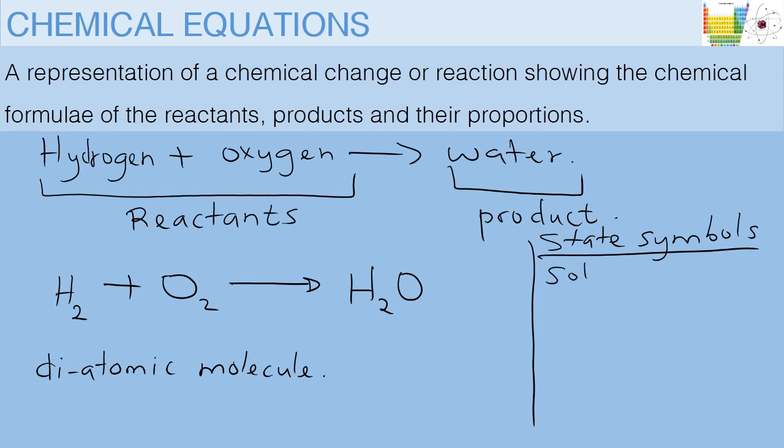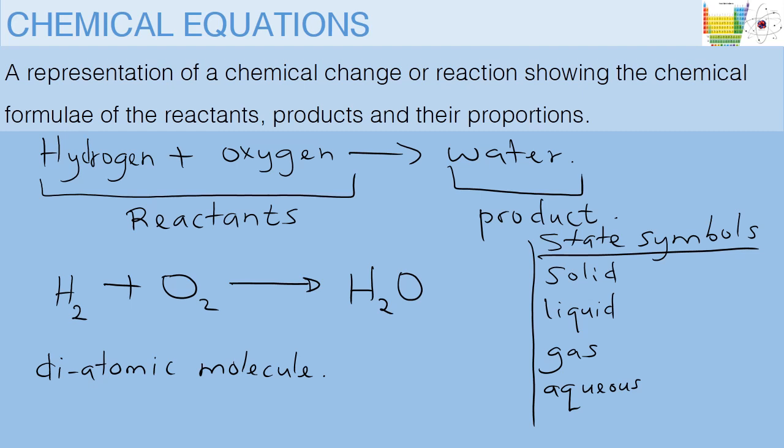We have solid state, we have liquid state, and we have gaseous state. We also have another state that is known as aqueous state, even though it is not a state of matter, but it is a state that we usually write in chemical equations.